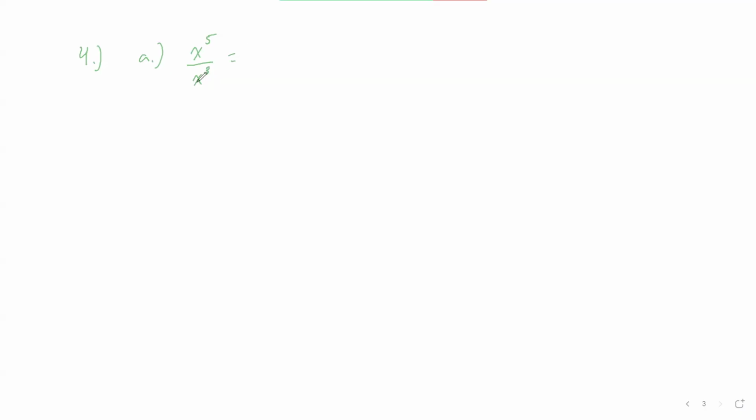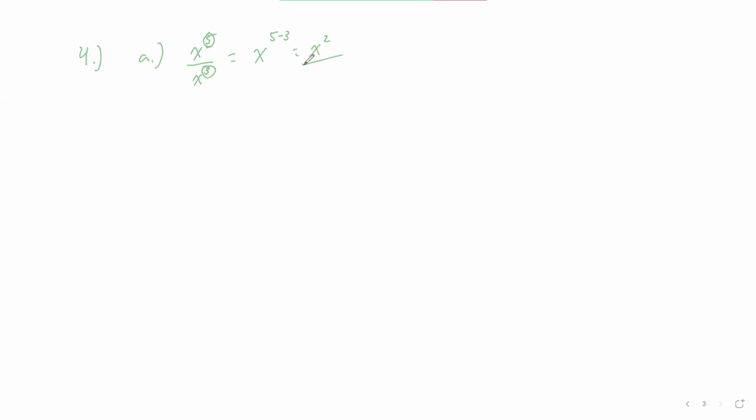So if the bases are the same, just like before, it's still going to remain an x, but now I'm going to subtract these two values. So 5 minus 3 would be 2. That'd be it. So when you're multiplying, you add the exponents. When you're dividing, you subtract the exponents.